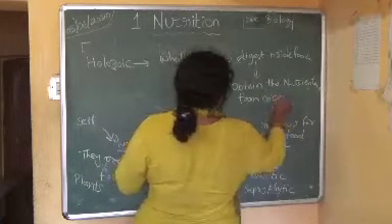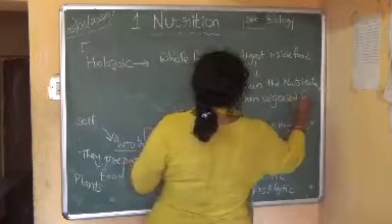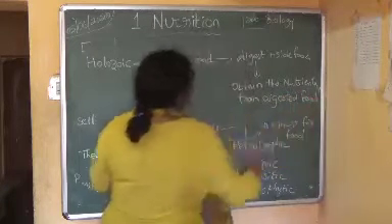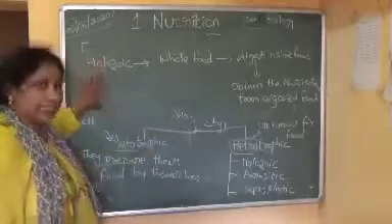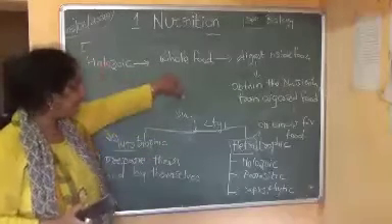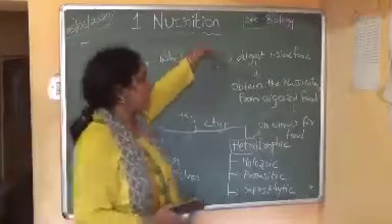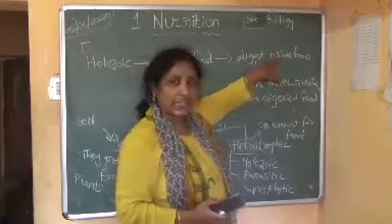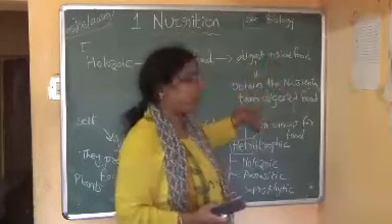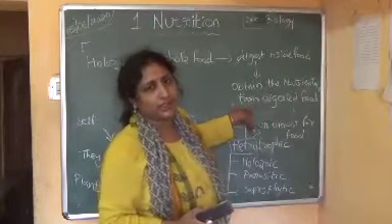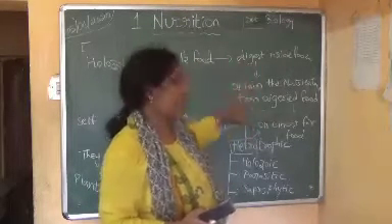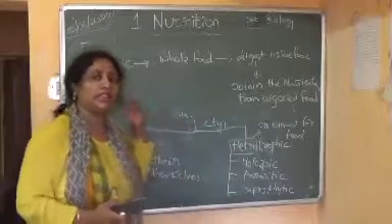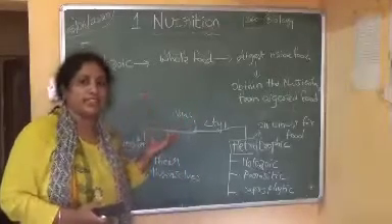For example, you have taken the apple. This apple gets digested inside your digestive system. From the digested apple, your body or your cells will absorb the nutrients. Those nutrients will be utilized by your body for making energy.